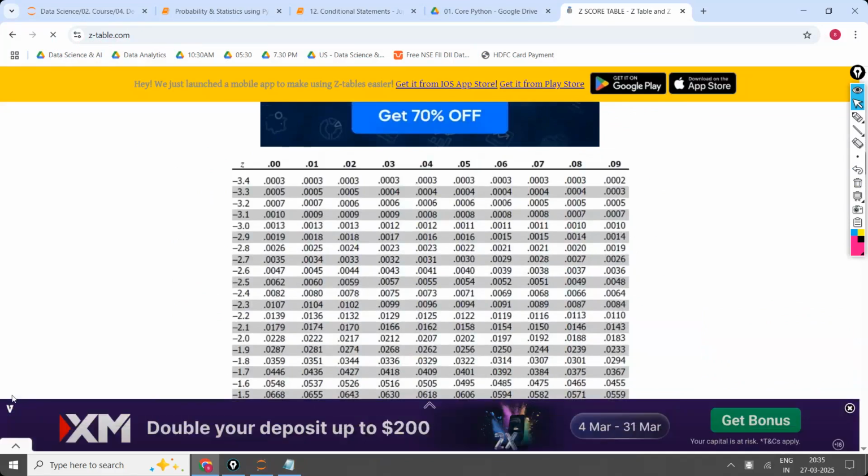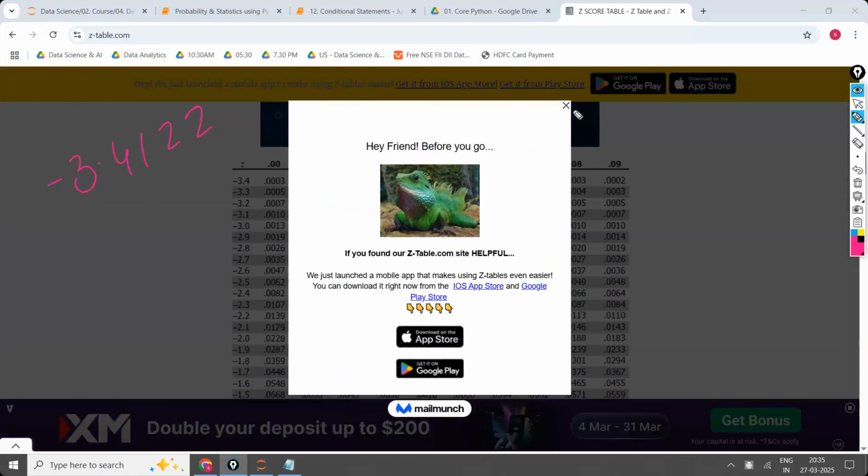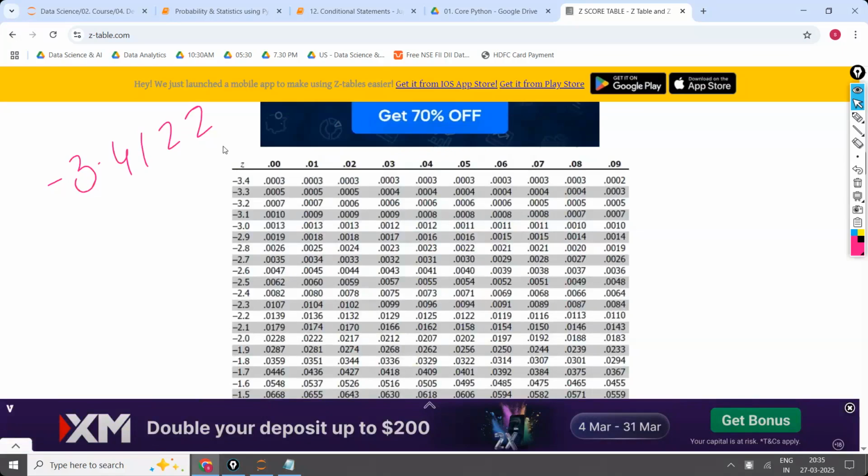Now what is the Z score you got? 3. So for example, instead of Z score 3, let us assume you got the Z score as minus 3.41222, something like this. Here in your case, you got a round figure number, minus 3, easily. Let's take an example: you got 3.4122.